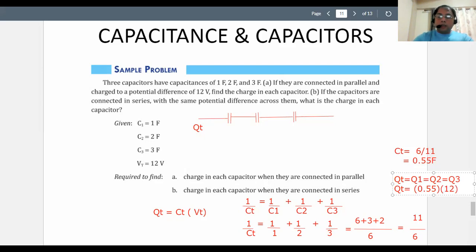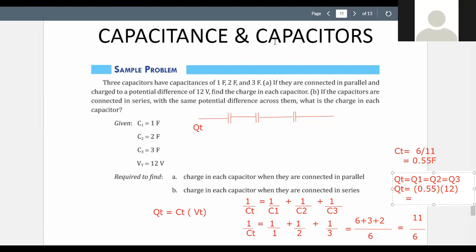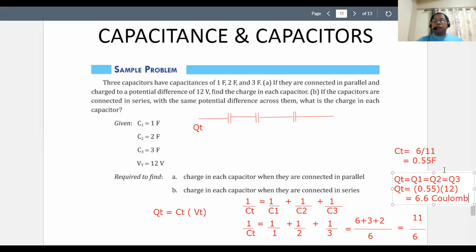So our total charge is how much? Something like 6.6, sir. So we have 6.6, just a little more than half of 12. That's not volts, sorry, it's coulomb, it's a charge, or you can write simply letter C.